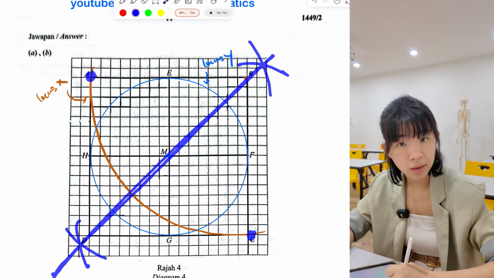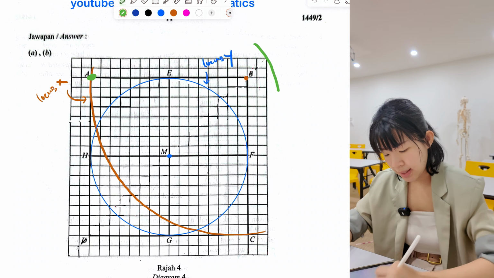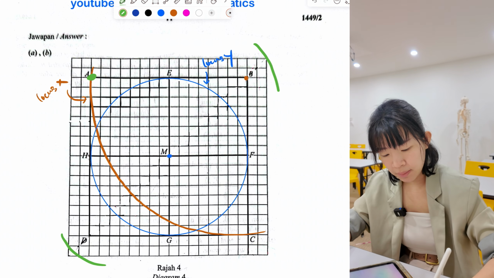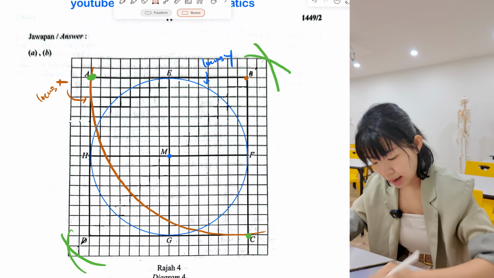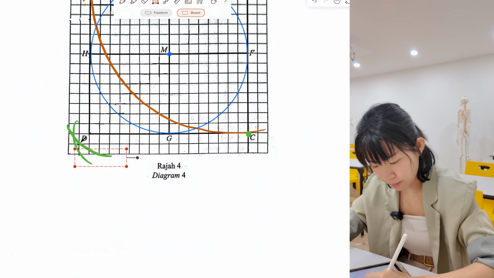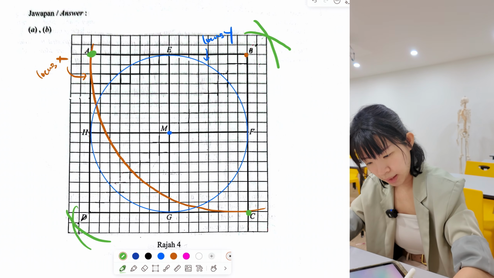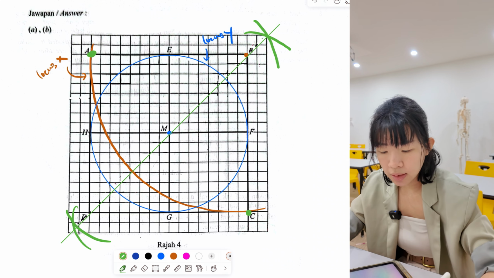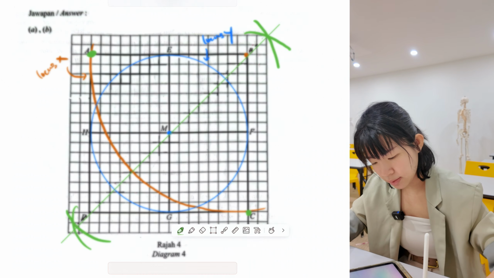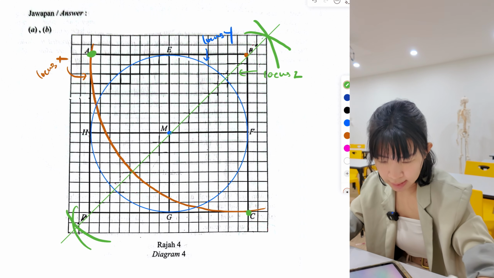This working as well. Take a compass, cross like this, 1, and then the other side, 1. Then change side, put at C, another cross. So you will get a cross, and only then you draw the straight line. Join it up. This is the locus of Z, and you need to label it.